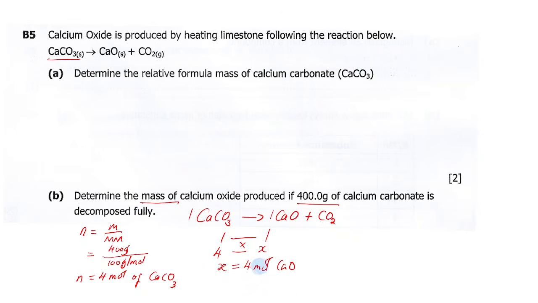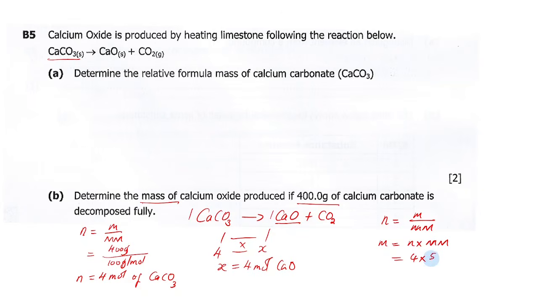So what formula will you use? The same. Number of moles is equal to mass over molar mass. Now you make mass the subject of the formula, which will be mass is equal to number of moles times molar mass. The number of moles of calcium oxide is 4, times the molar mass of calcium oxide, which we found to be 56.